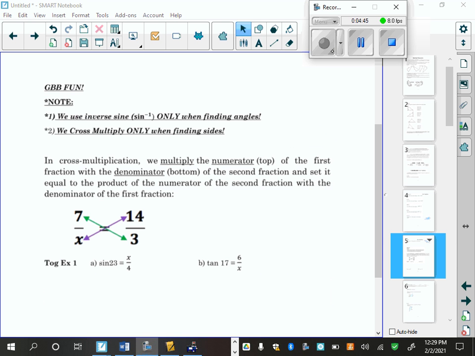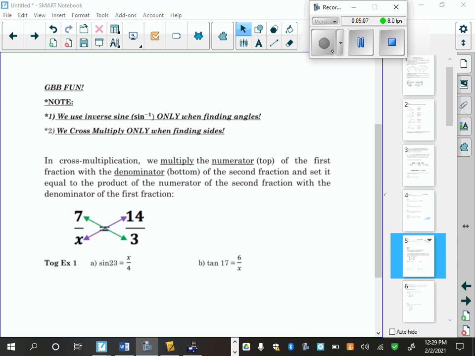So page 5, we got some notes and exclamation marks, and we got some underlining. So pretty important stuff right there. Now the first thing is, when we find an angle, we use inverse sine, inverse cos, inverse tan. That's the only time you do that, when you find an angle.